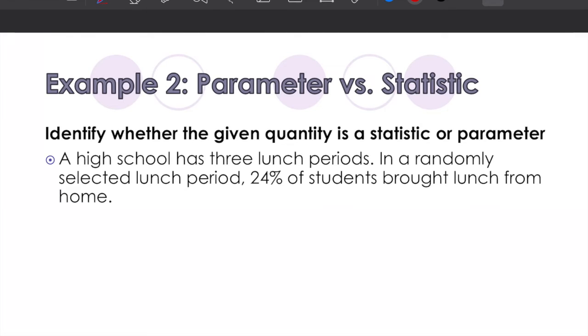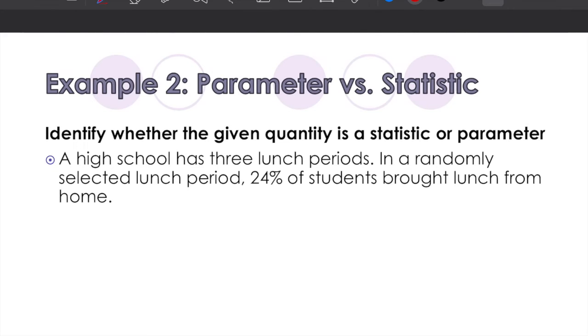Now let's practice identifying whether information that you get from a survey is a parameter or a statistic. In this situation, it says a high school has 3 lunch periods. In a randomly selected period, 24% of students brought lunch from home.